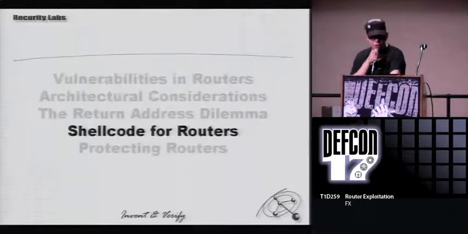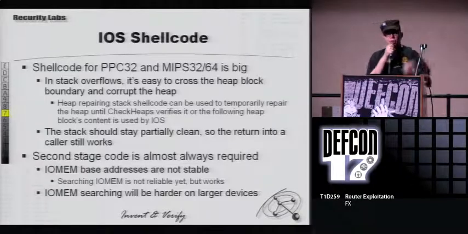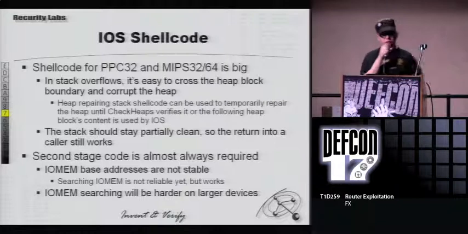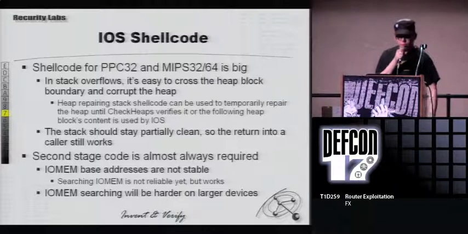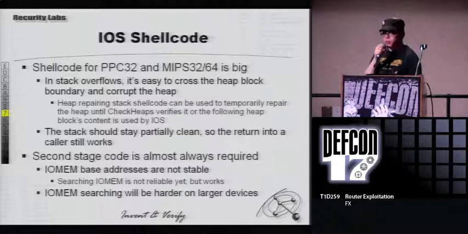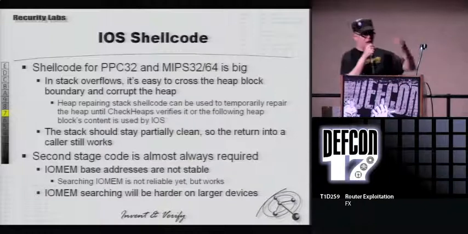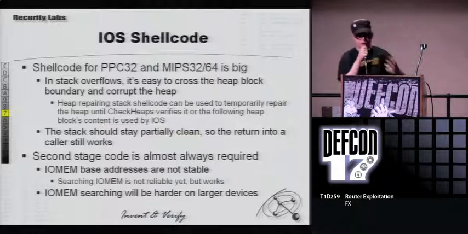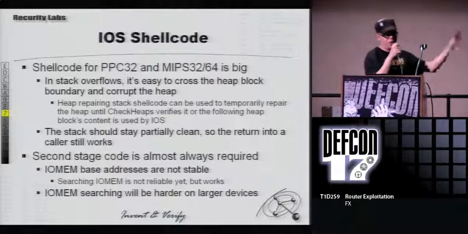Go. So what about shellcode? First of all, it tends to be big because the instruction sets are fixed size instruction sets, 32 and 64-bit. You often have that problem that your shellcode is actually too large and overflows over the stack into the heap header block because the stacks are allocated on the heap, and then the whole thing breaks down.